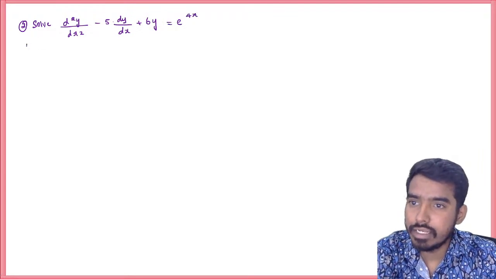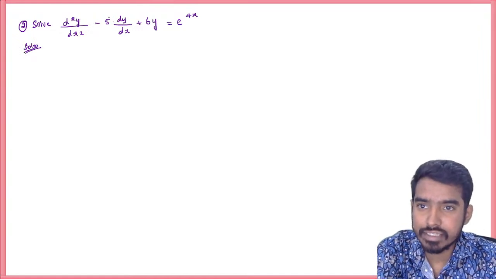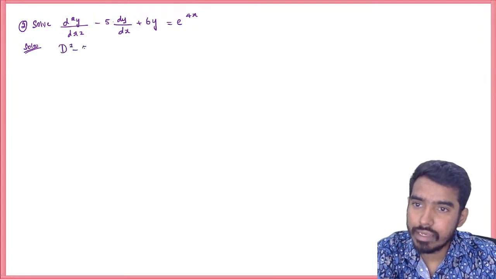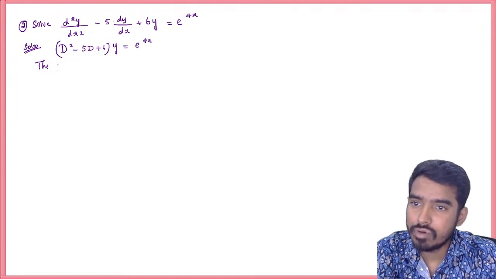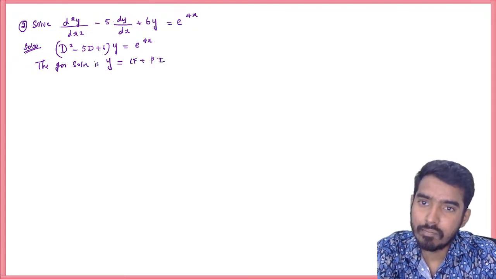Right? This is a linear differential equation with constant coefficients, right? Because you can say the coefficients are constants. Therefore, this is the same as D square minus 5D plus 6 of y is equal to e power 4x. So the general solution is given by y is equal to complementary function plus particular integral, right?